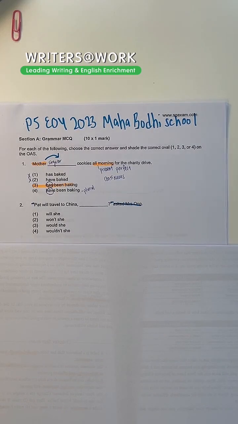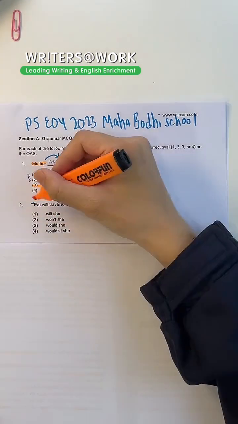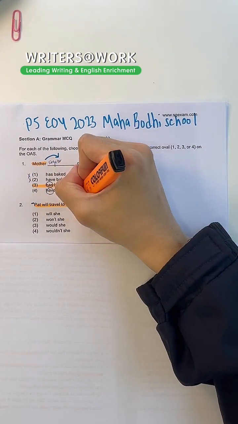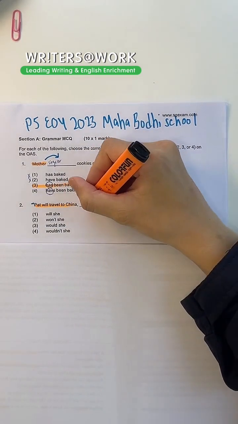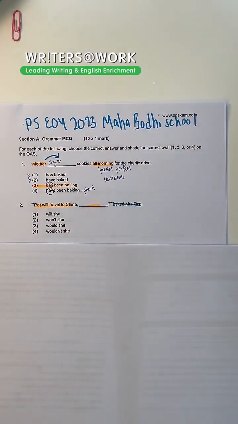How should you go about solving a question like this? In this case, this is what is known as a tag question. It starts off with a main statement at the front, followed by a tag at the end. This tag has two parts.